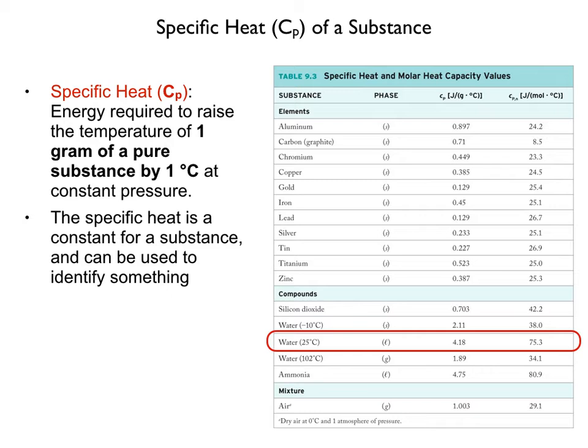And we can see for water, the specific heat is 4.18 joules per gram per degree Celsius. We can look up a bunch of other elements on this table as well, and for the second part of the lab you'll have to determine what the specific heat is for an unknown metal and look it up on a table like this to confirm its identity.